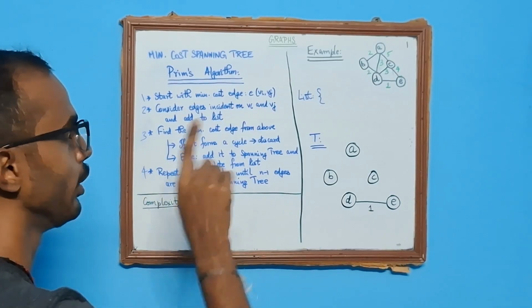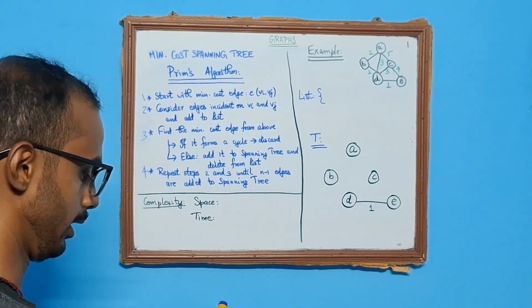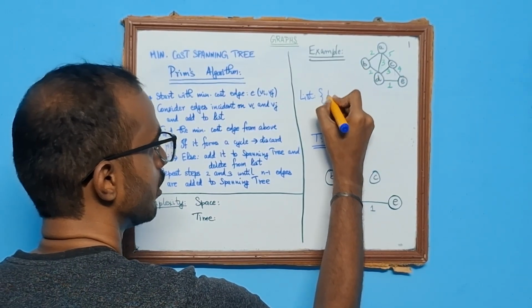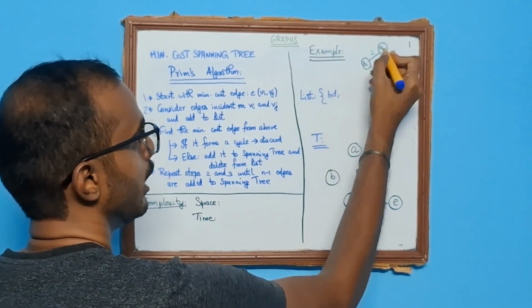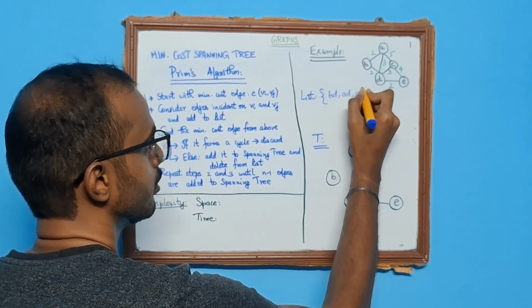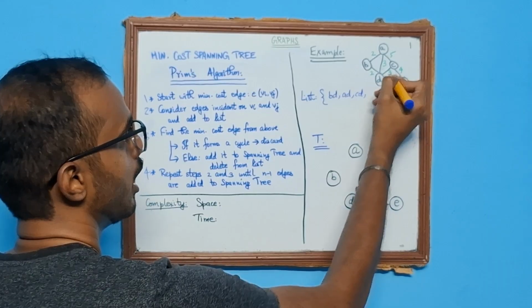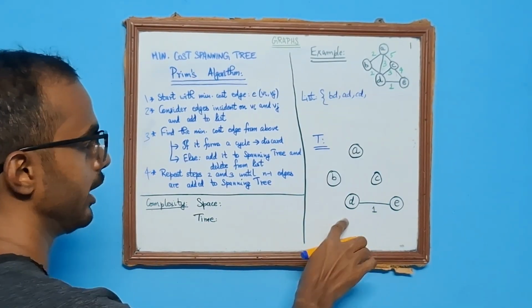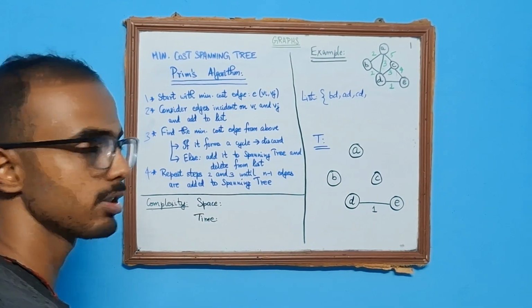So now I'm going to add all the edges to the list. BD I'll add here. I'll add AD. I'll add CD. I cannot add DE because that is already present. So for D, I have written all the edges adjacent to it.